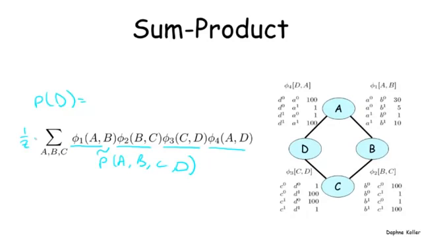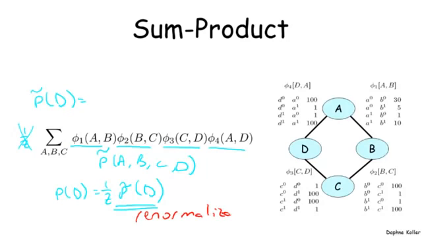Well, the point is that if we ignore the partition function and rather we compute P tilde of D, we can infer that P of D is actually equal to 1 over Z times P tilde of D, because the normalizing constant is a constant. And so if we've computed P tilde of D, we can obtain P of D by a simple process of renormalization of P tilde of D.